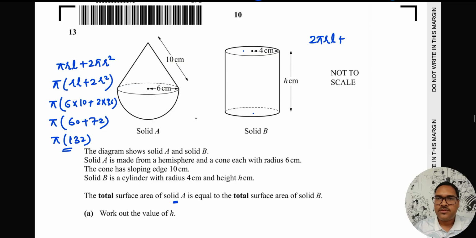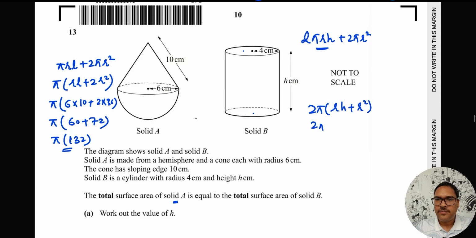This is 2 pi r square plus 2 pi r square. The curved surface area is 2 pi r l, basically 2 pi r h, where h is the height. Okay, so I can take 2 pi common here, and this is r h plus r square.